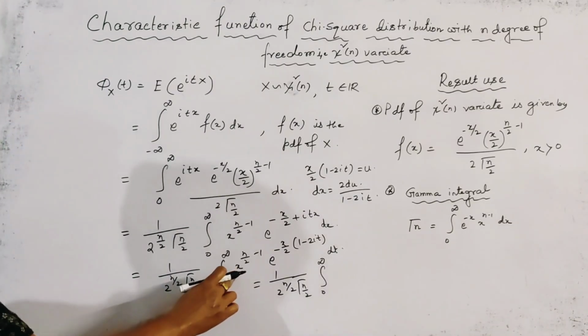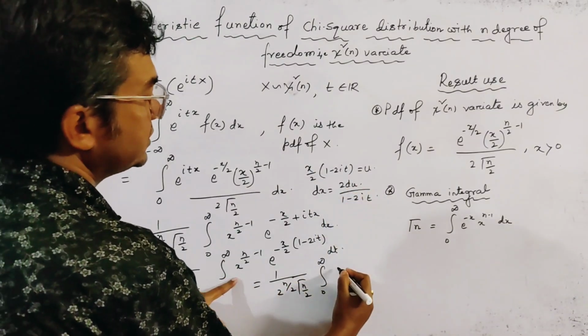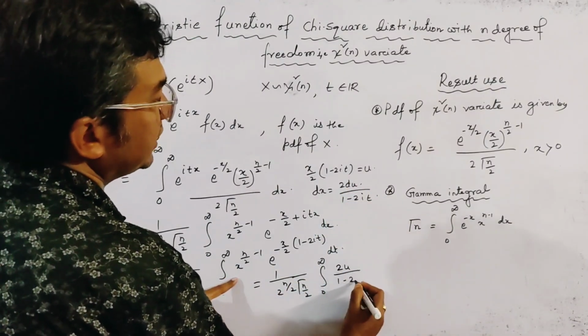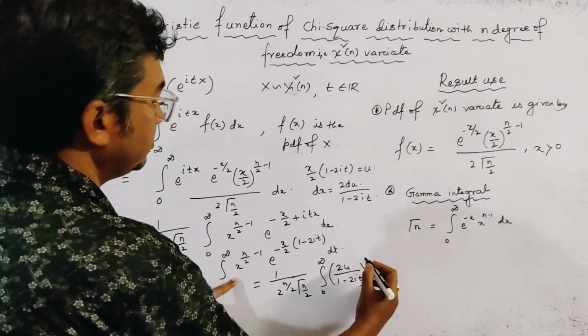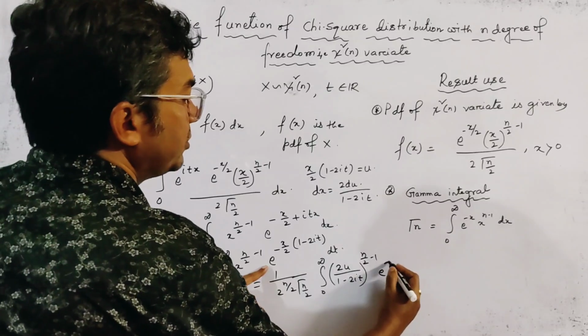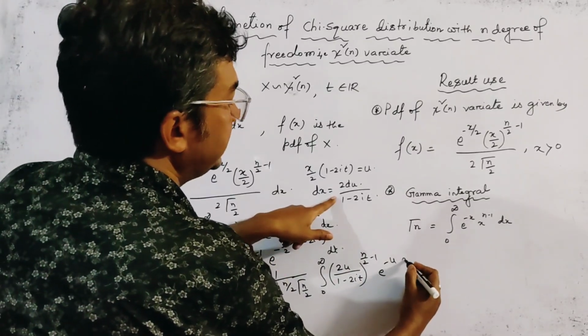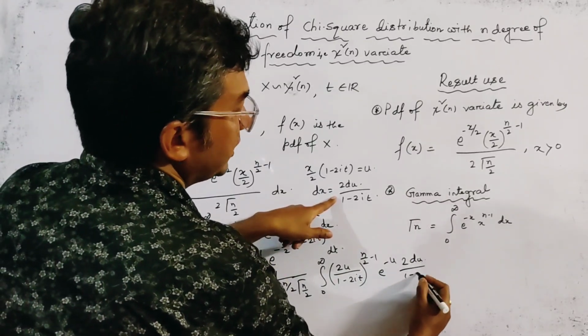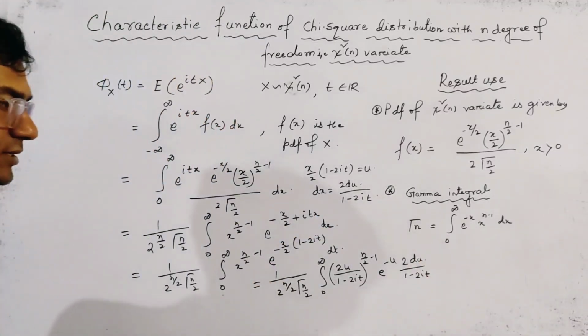Putting the value of x, we get 2u by 1 minus 2 i t, whole to the power n by 2 minus 1, and e to the power minus u, and dx is 2 du by 1 minus 2 i t.